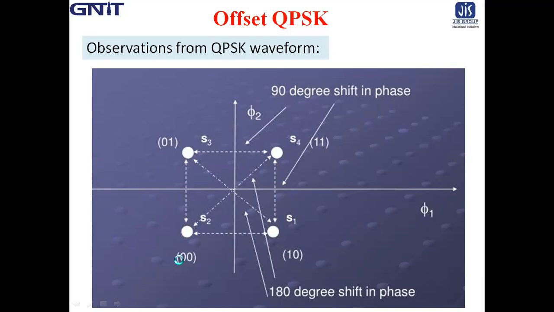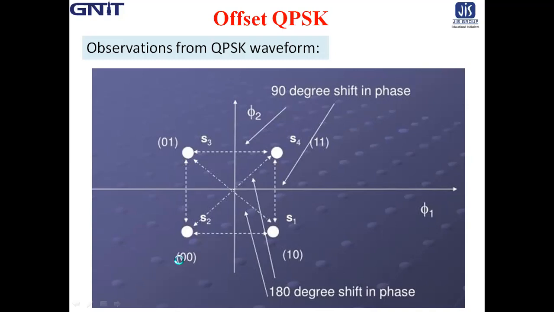And what is the third observation? The first observation is there may be a chance of phase shift of plus minus 180 degrees. Second observation, there may be a chance of phase shift of plus minus 90 degrees. Now, what is the third observation? The carrier phase is unchanged. Not necessarily is there a phase change; there may even be a chance of the phase being unchanged. When?